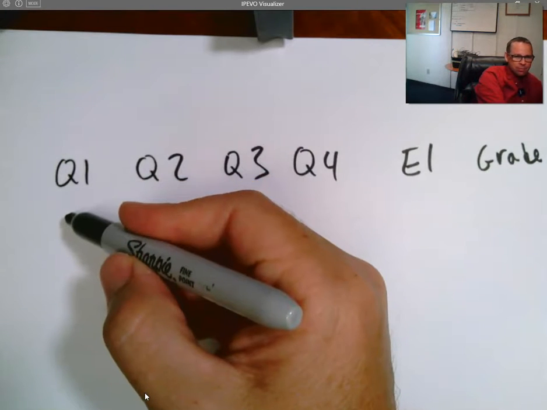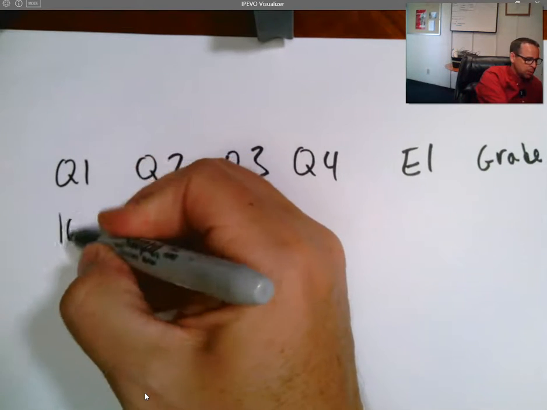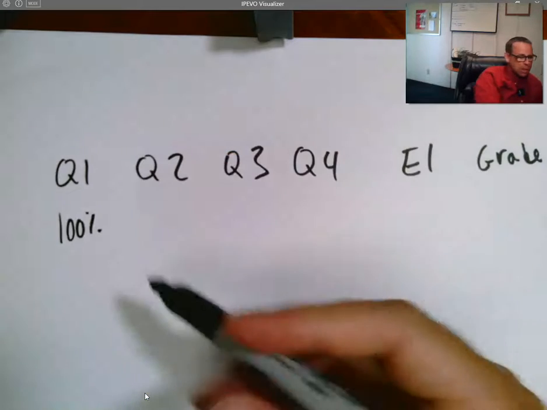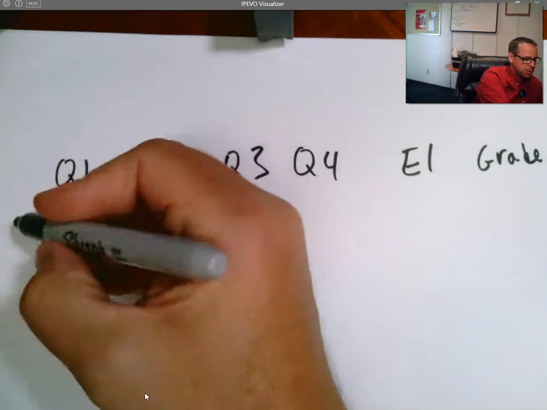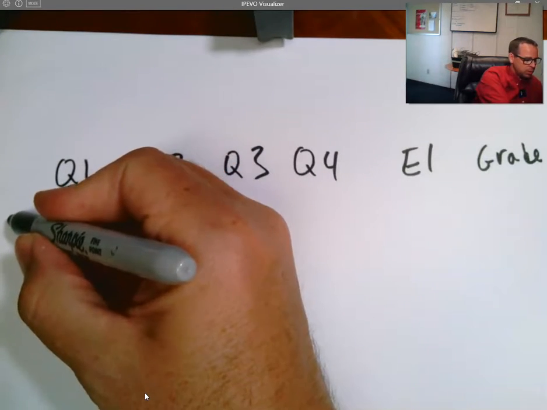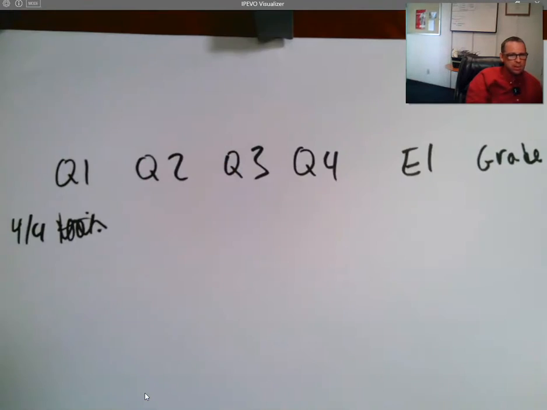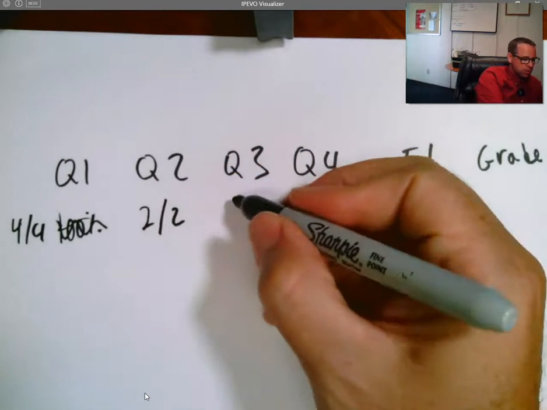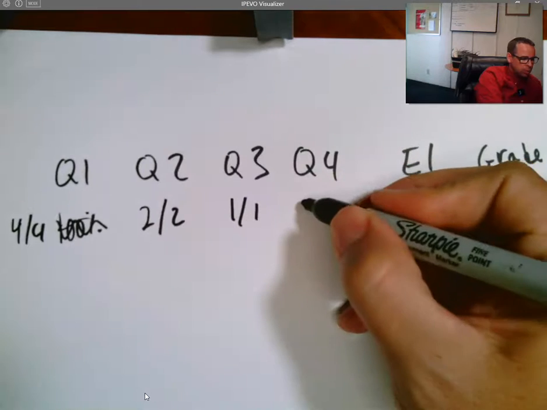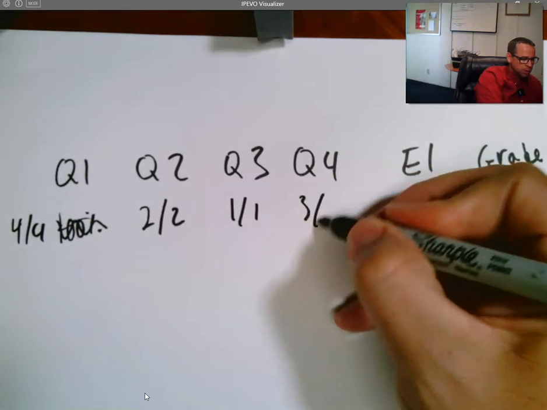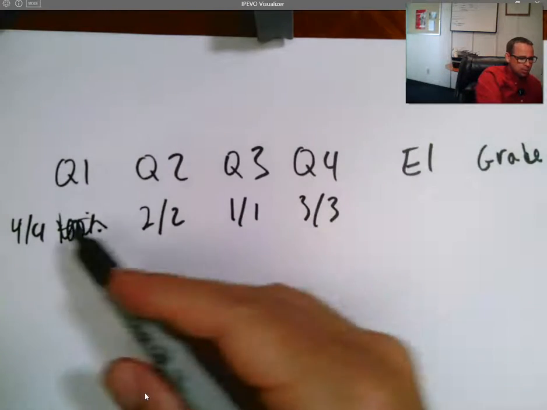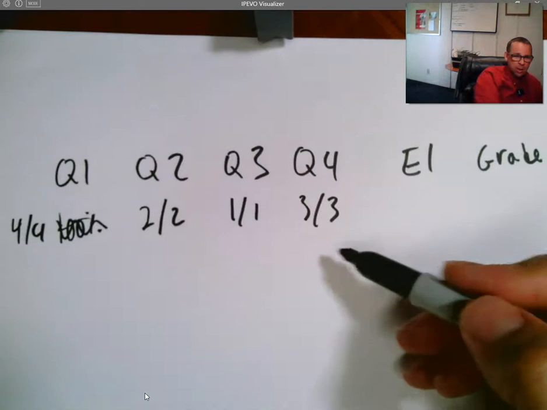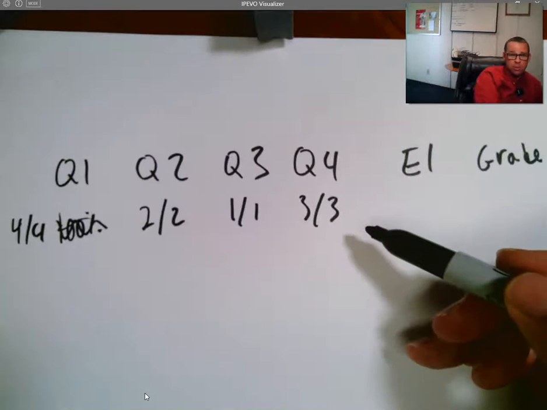If I take quiz 1 and I get 100%, right? And it's actually not going to be in percentages. It's going to be points, maybe 4 out of 4, something like that. I take quiz 2, I get 2 out of 2. I take quiz 3, I get 1 out of 1. Quiz 4, I get 3 out of 3. Then the percentage that I got right on all these is 100%.